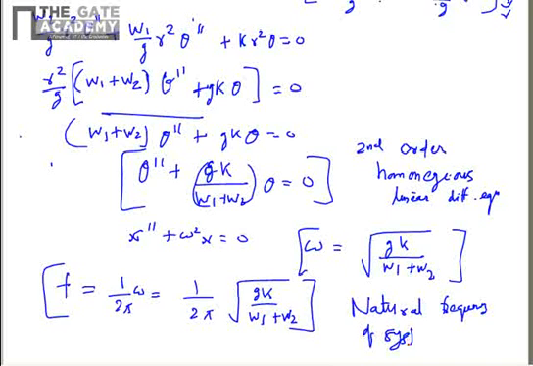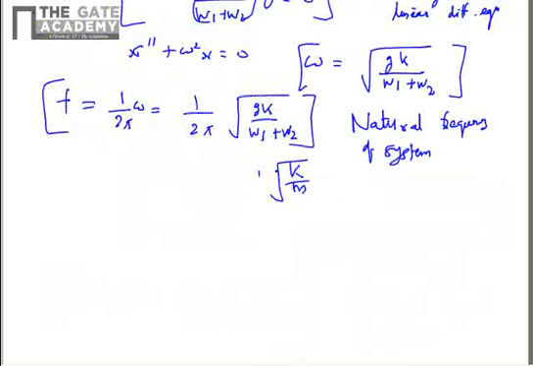You can notice in this case this is quite similar to the expression 1 by 2 pi square root of k by m. K is there, and W1 by g will be m1 and W2 by g equal to m2. So this is quite similar to k by m1 plus m2. Hence the addition of the pulley has done nothing but added to the inertia of the system.